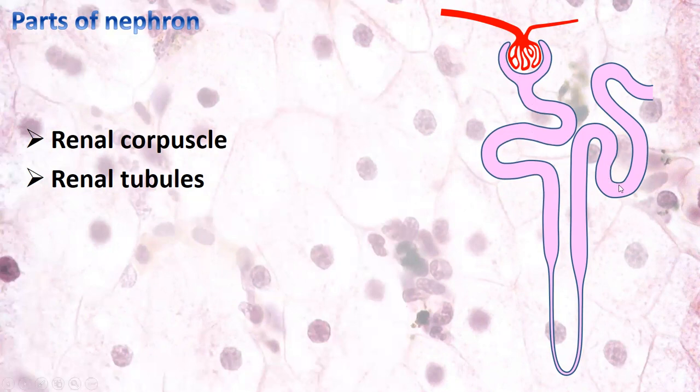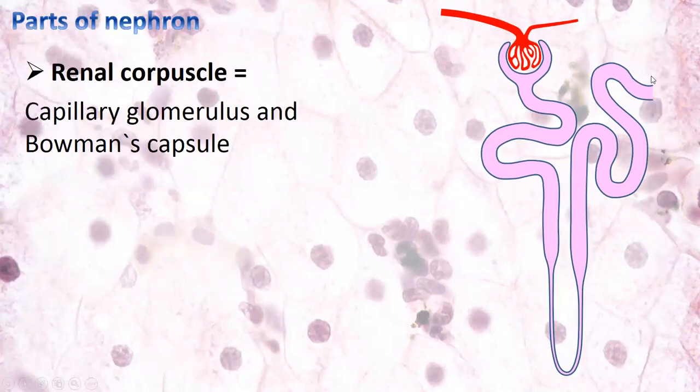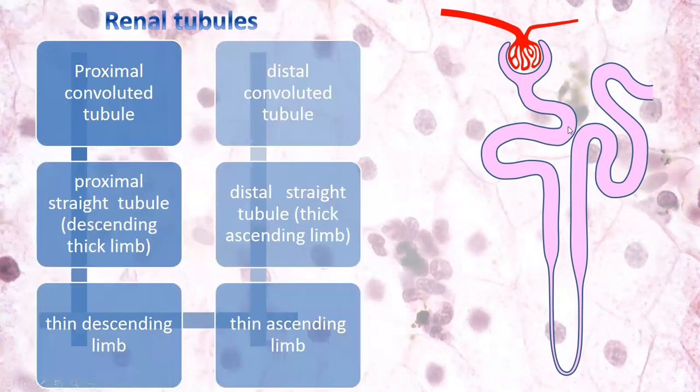And this tubule is opened into the collecting duct. So renal corpuscle is capillary glomerulus, here we can see it, and Bowman's capsule, which surrounds this glomerulus. And renal tubules may be convoluted, they may be straight, they may be thick, and also they may be thin.